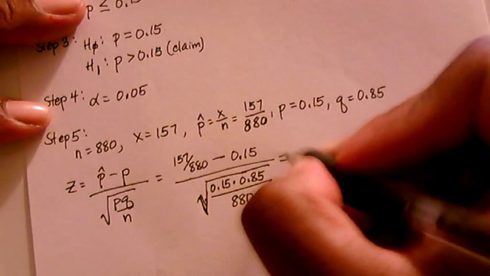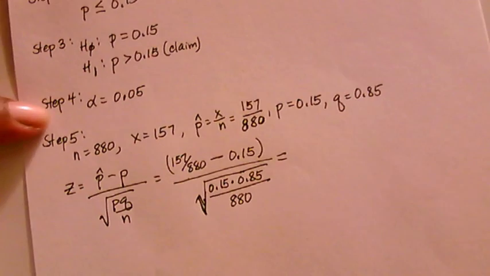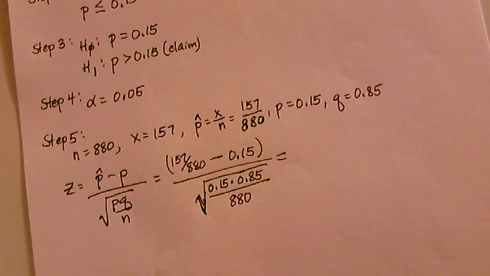Oh, that's underneath the radical. And when we type this in the calculator, make sure you put your numerator in parentheses.